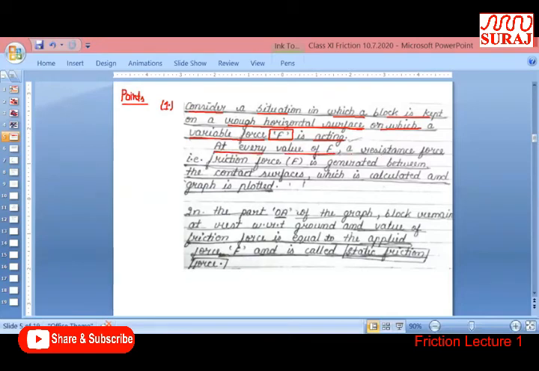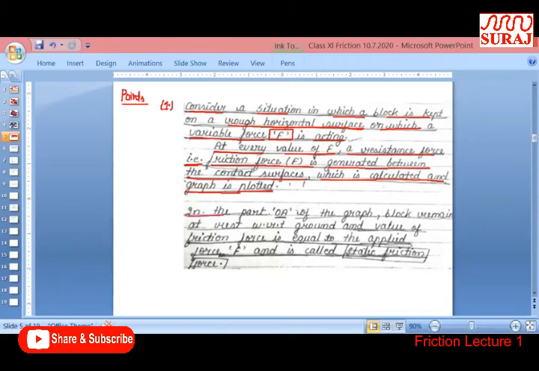At every value of F, a resistance force, that is friction force, is generated between the contact surfaces, which is calculated and the graph is plotted.